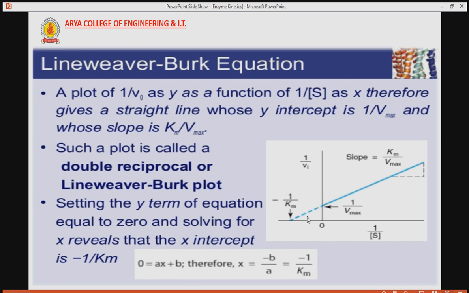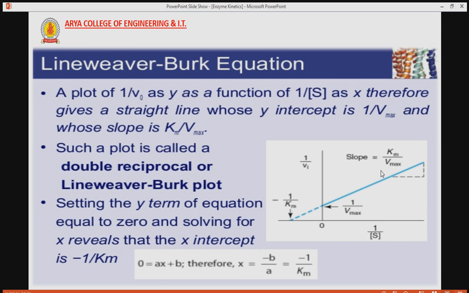So if the graph is plotted between 1 upon V naught as the y function and 1 upon S as the x, it gives a straight line whose y intercept is 1 upon V max, and slope is Km upon V max.